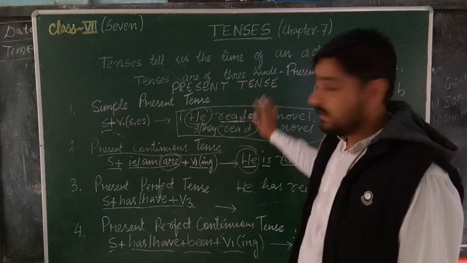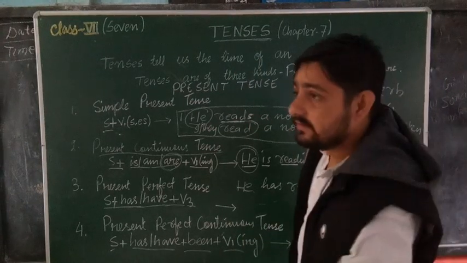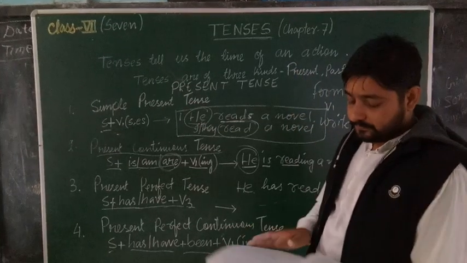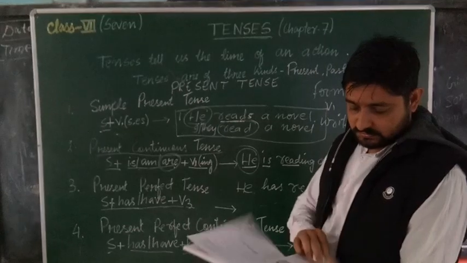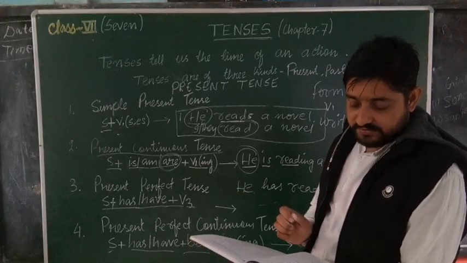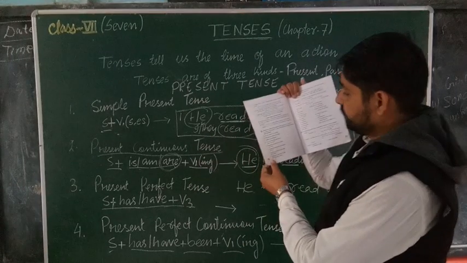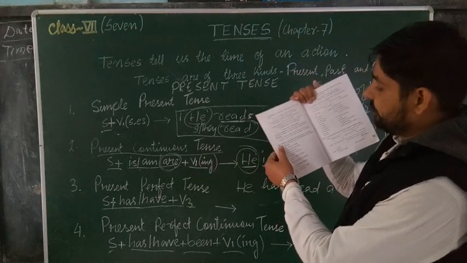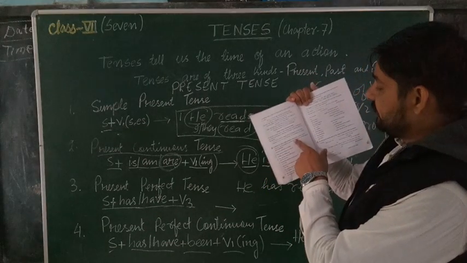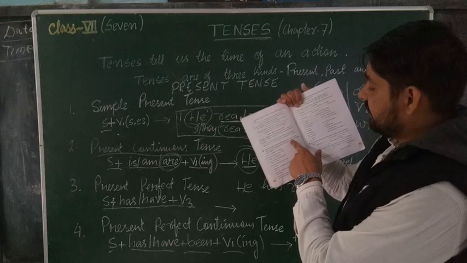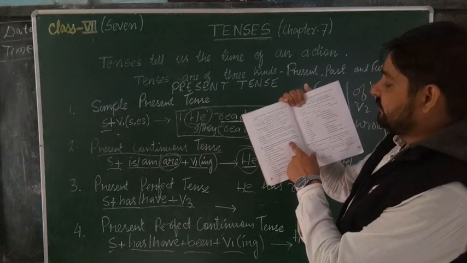After this, one homework is there. On the basis of these explanations, the homework is on page number 84. Question number B: underline the verbs in these sentences, and write simple present, present continuous, present perfect, or present perfect continuous.